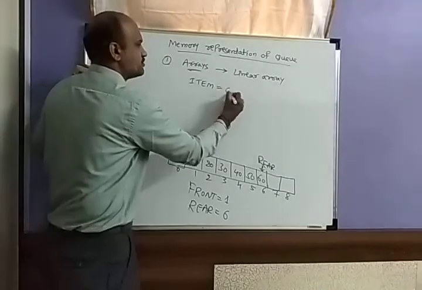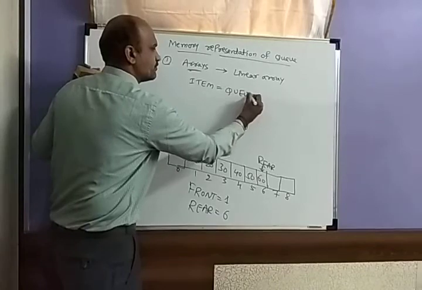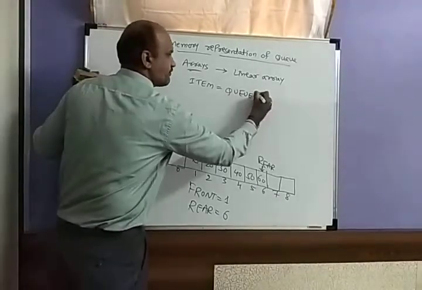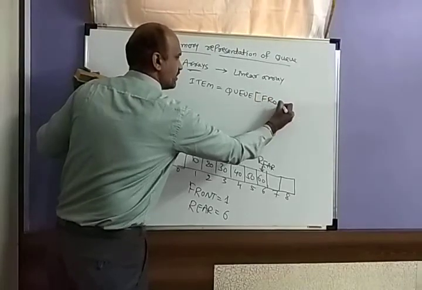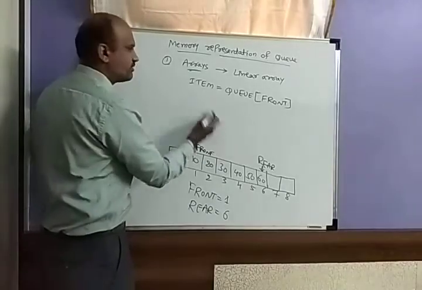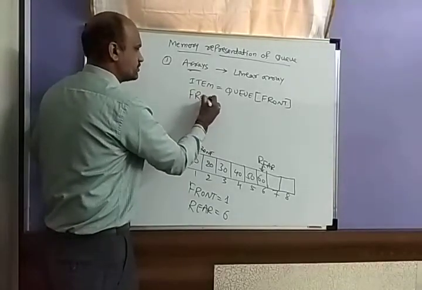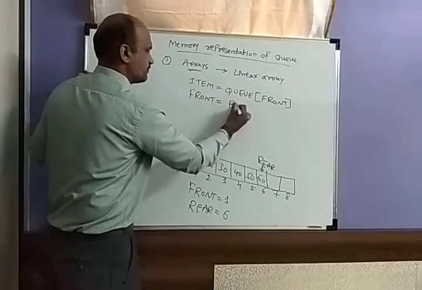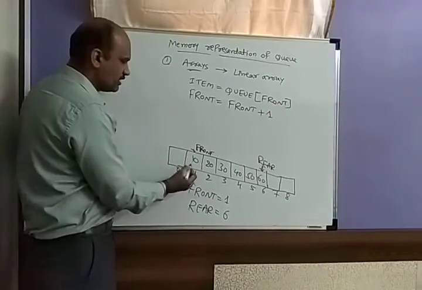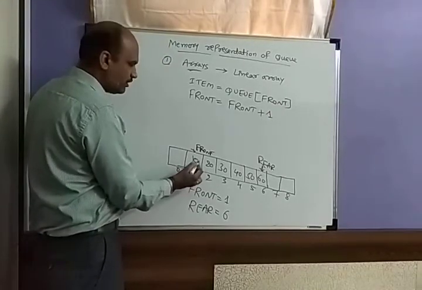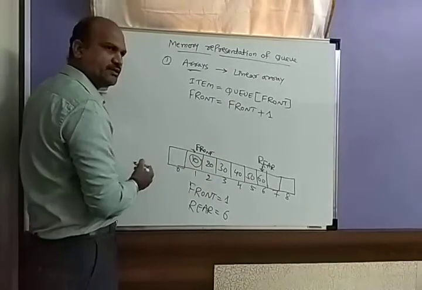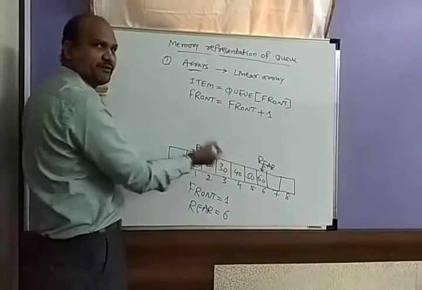So you write the element you want to delete, that is the front element. Then front is equal to front plus 1. Earlier the front is here. Now when I write this condition, this element will be deleted, and then the front will be incremented.